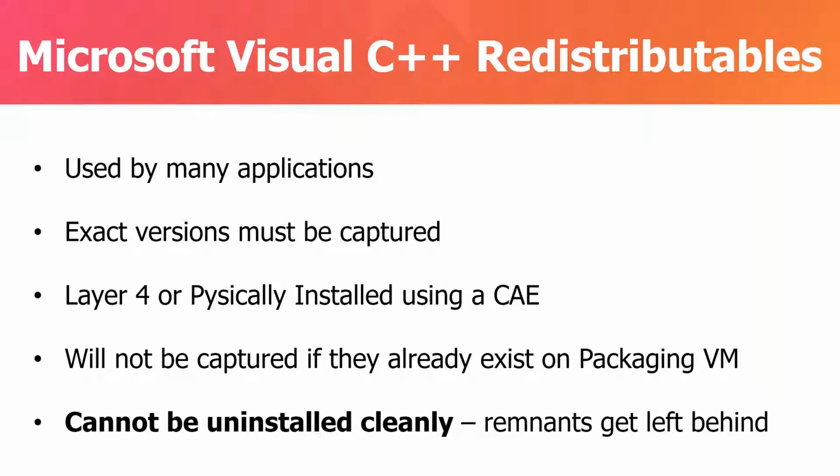So we recommend firstly that you try to package them at layer 4. The reason is that if you package them at layer 3, there's a chance that they will clash with any physically installed versions on the target machines. So if you package Autodesk with all the C++ that's in it, so there's 10 or 12 different versions, and you leave them at layer 3, and then you virtualize it onto a machine that's already got some of those C++ redistributables on, there's a chance that they'll clash with each other.